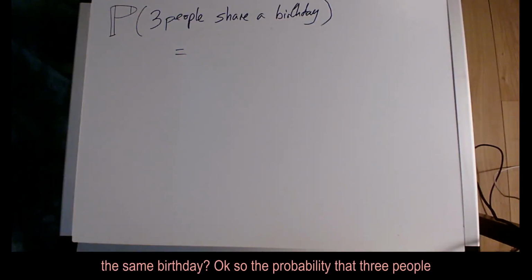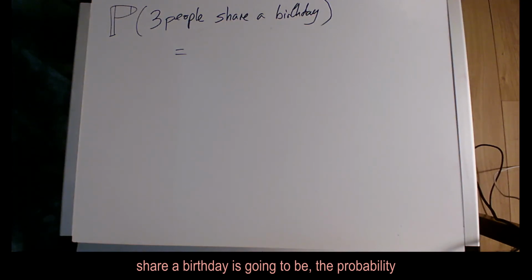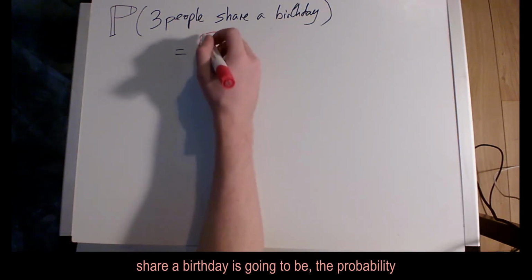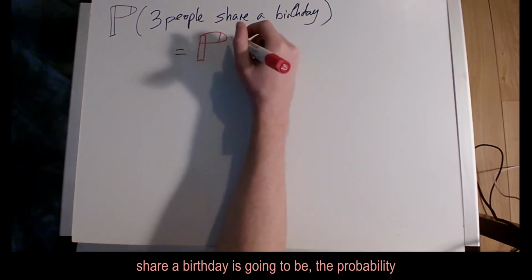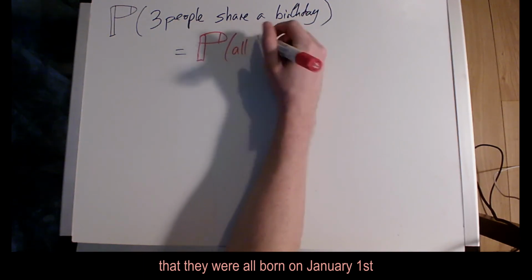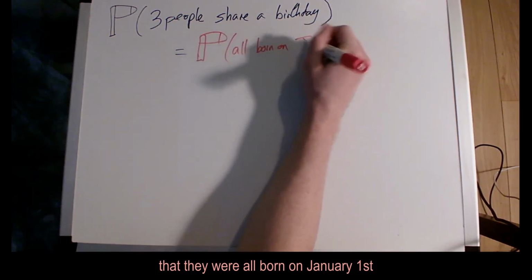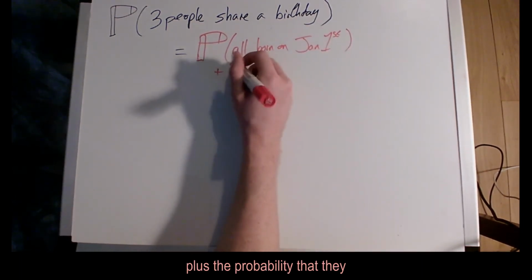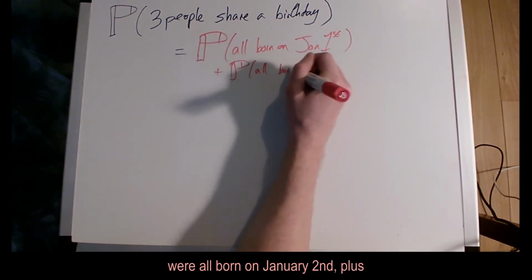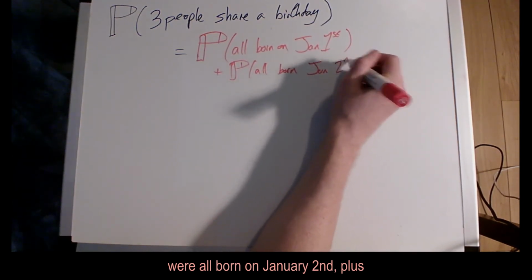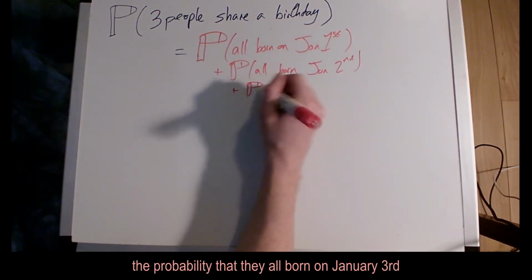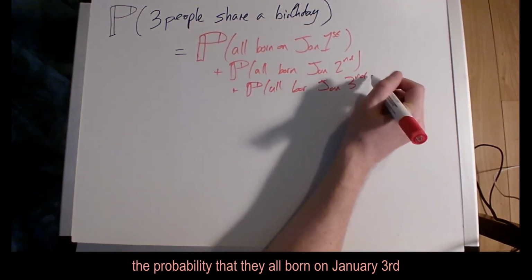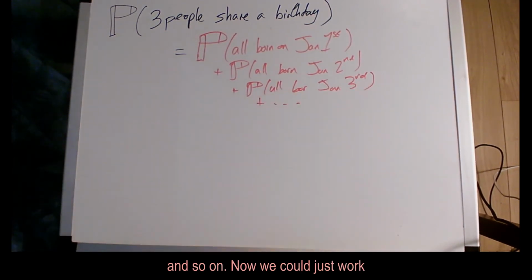Okay, so the probability that 3 people share a birthday is going to be the probability that they were all born on January 1st, plus the probability that they were all born on January 2nd, plus the probability that they were all born on January 3rd, and so on.